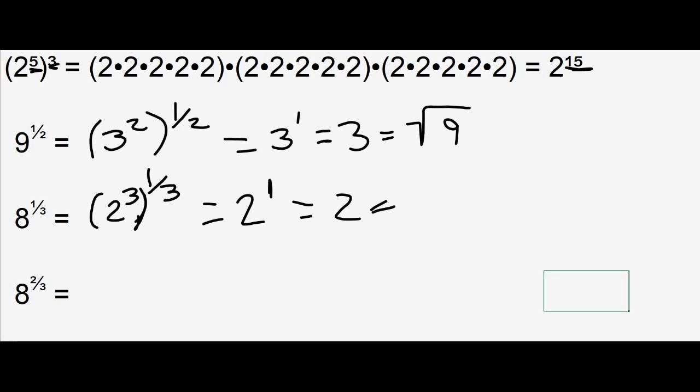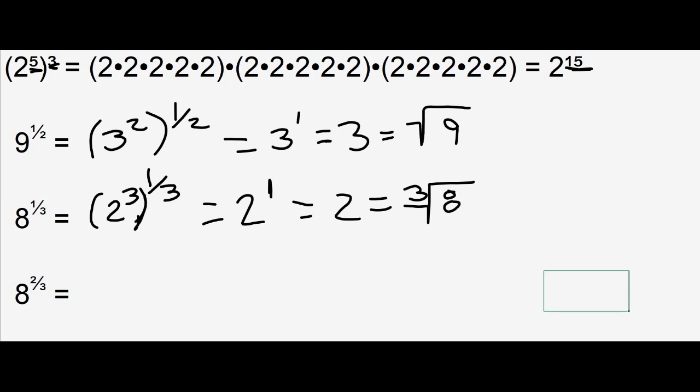That's also the cube root of 8, or the 3rd root of 8. So 8 to the 1/3 power means find a number I can multiply by itself, multiply 3 of them together, and get 8. That's also what the cube root means.